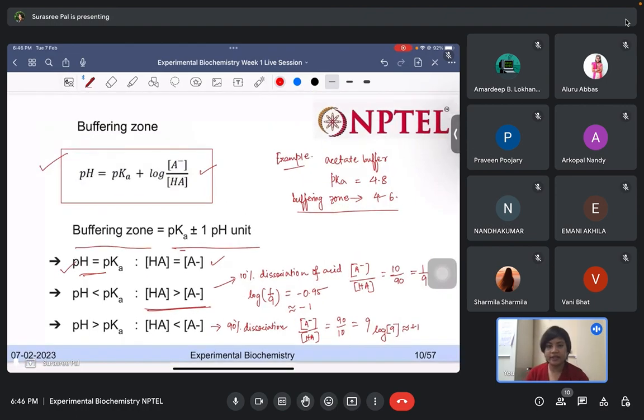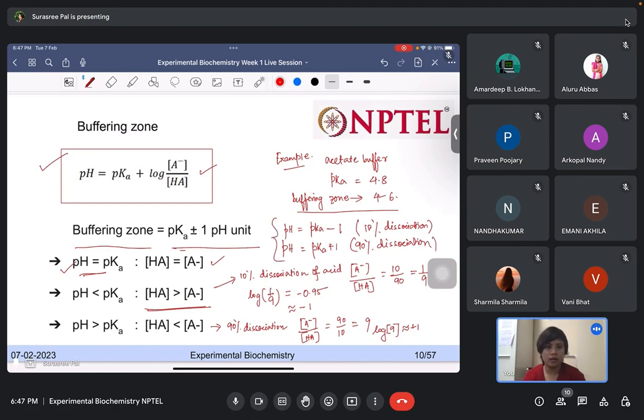So we can see that when there is 10% dissociation, the pH will be pK minus 1, and when there is 90% dissociation, the pH value will be pK plus 1.